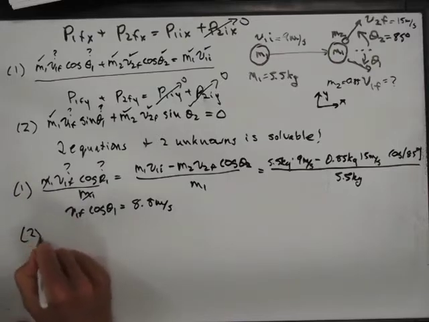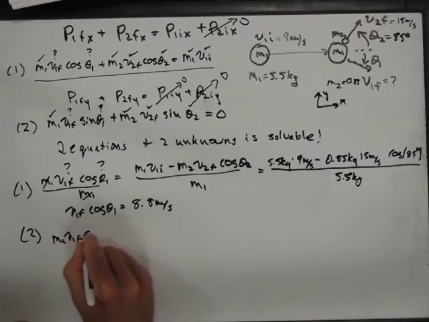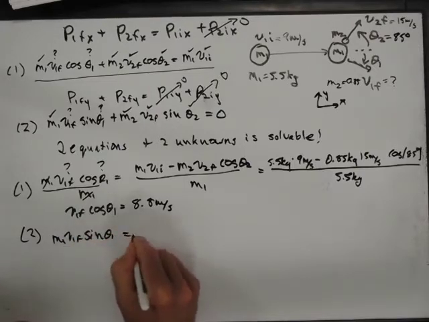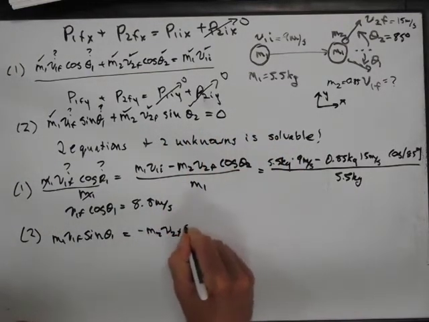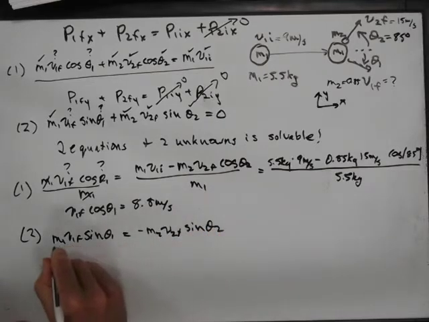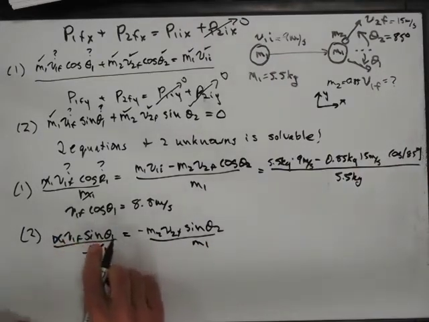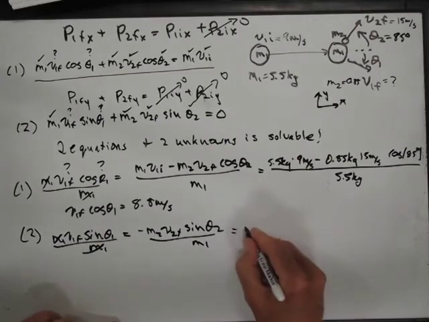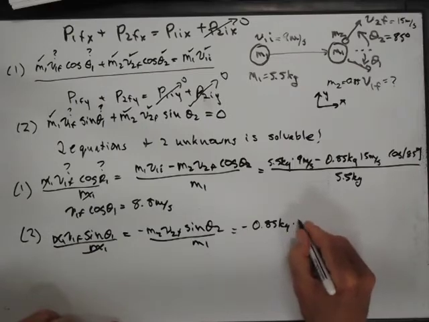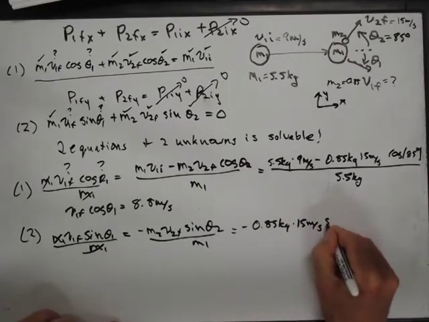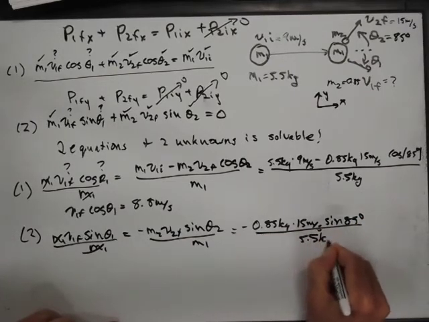I can do the same thing with equation 2, this one, and I can say, look, m1 V1 final sine theta 1 is equal to, and I'm just going to move that to the other side and say minus m2 V2 final sine theta 2. Again, I'm going to divide both sides by m1, and that just gives me V1 final sine theta 1 is equal to minus 0.85 kilograms times 15 meters per second times the sine of 85 degrees all over 5.5 kilograms.